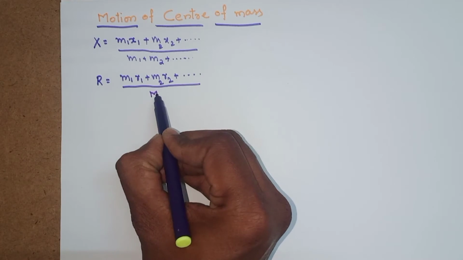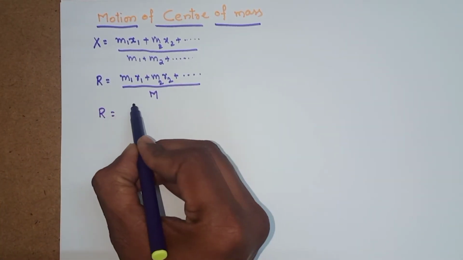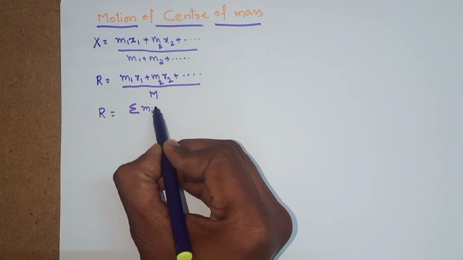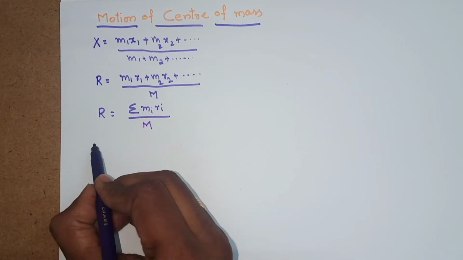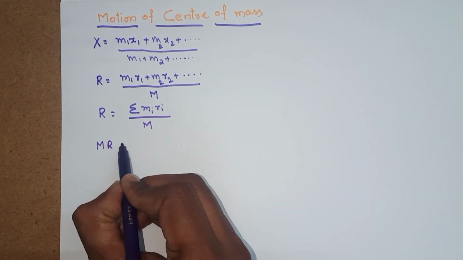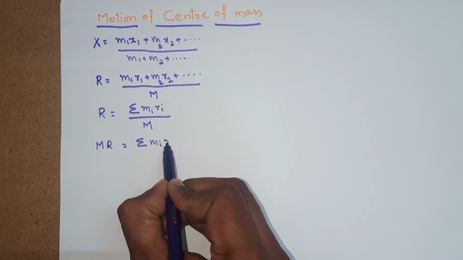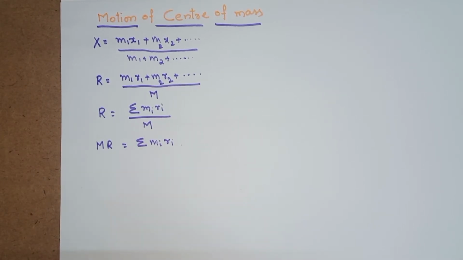This is called the total mass M. We would write it as summation mi ri by capital M. So M into R is equals to summation mi ri. In general R can be written this way.